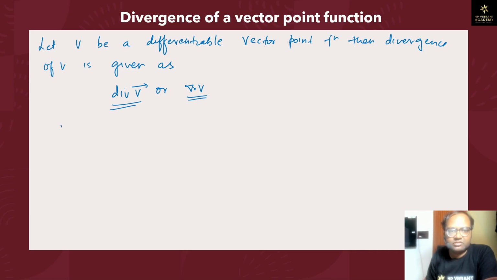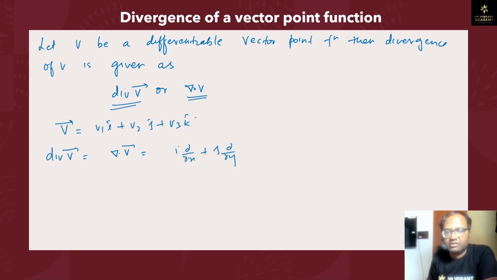Let us consider the vector point function v as v1 i cap plus v2 j cap plus v3 k cap. Then divergence of v vector is equal to del dot v. This is equal to i del upon del x plus j del upon del y plus k del upon del z.